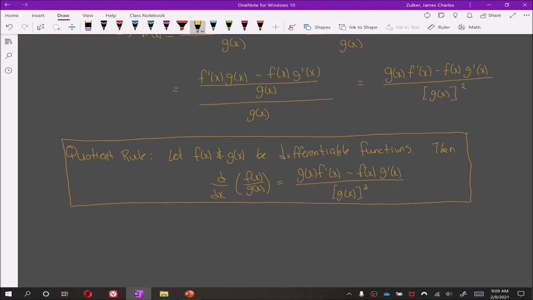So if you take the derivative of a quotient of functions, the result is denominator times derivative of the numerator minus the numerator times the derivative of the denominator, all over the denominator squared.